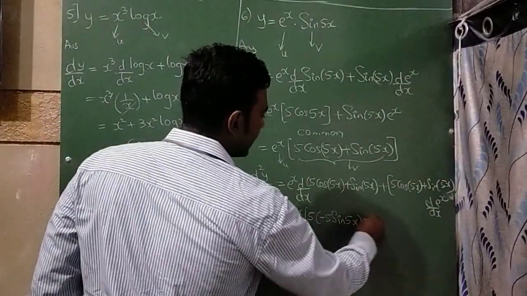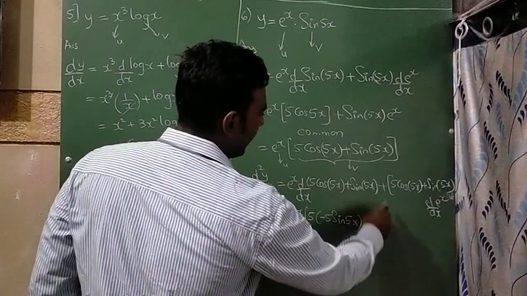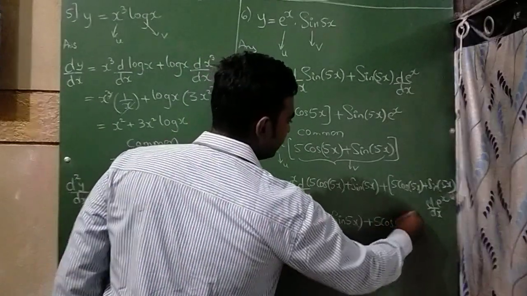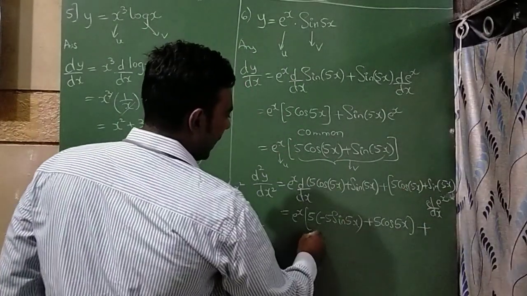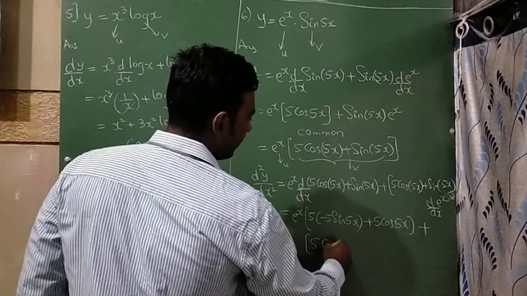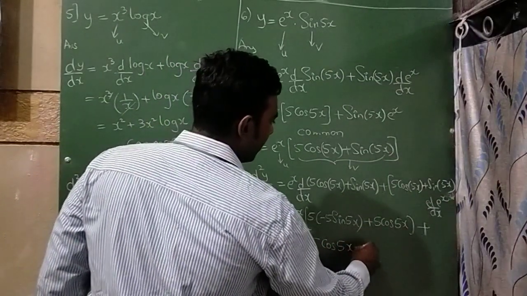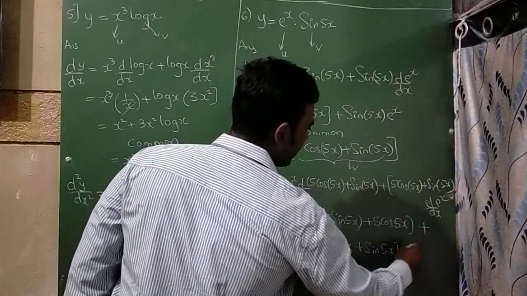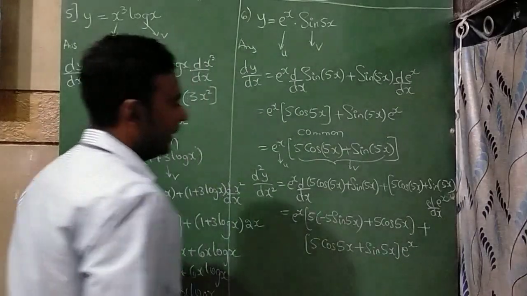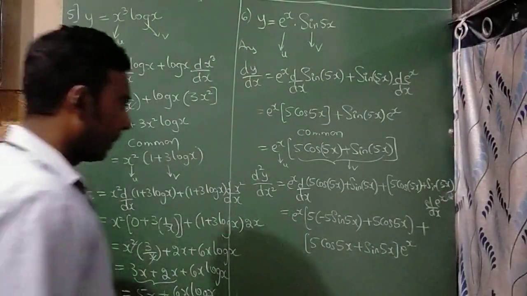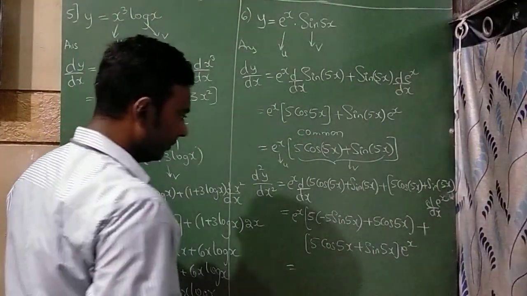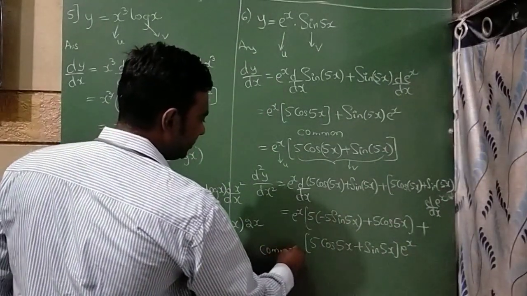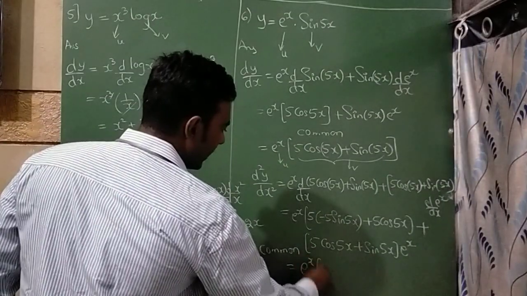Okay, plus d by dx of sin 5x is 5 cos 5x, plus I'll write as it is, plus sin 5x d by dx of e raised to x is e raised to x itself. Now look very carefully. Here also e raised to x, here also e raised to x. So I'll take common. It is e raised to x.